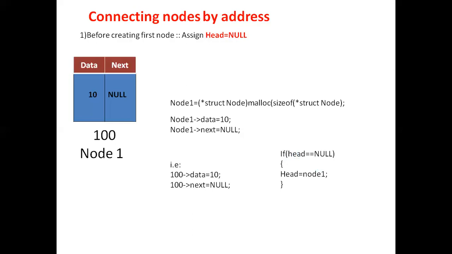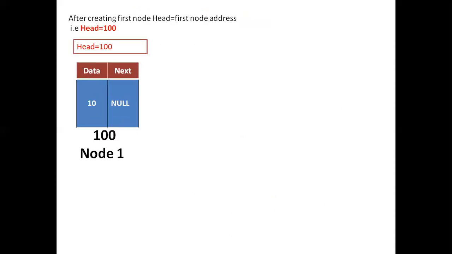So the value 100 stored at node 1, we can store into head. After creating the 100 node, our head value null is replaced by 100. The first node of the list is called the head node in the single linked list. So that is head is equal to 100. So this is the way we should create the node in the single linked list.